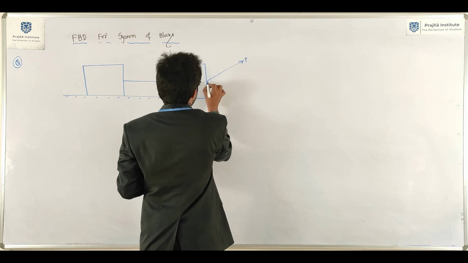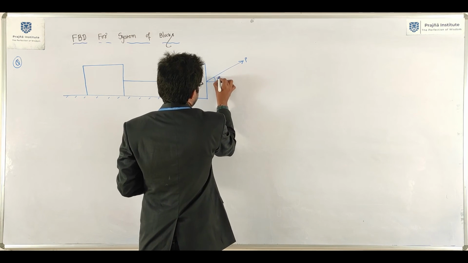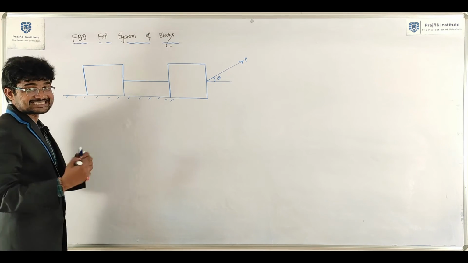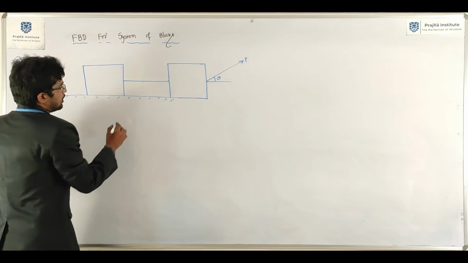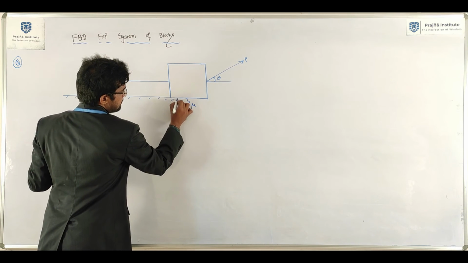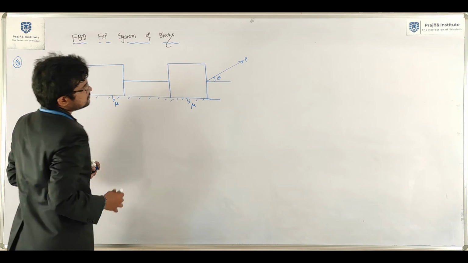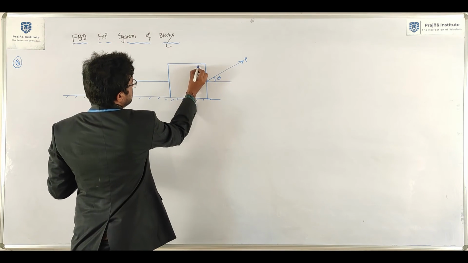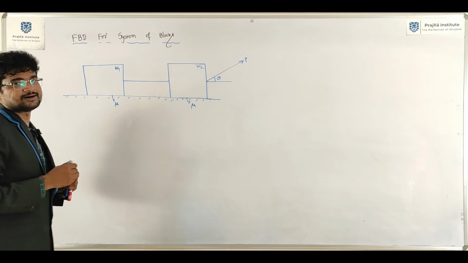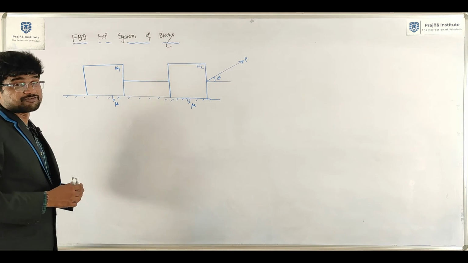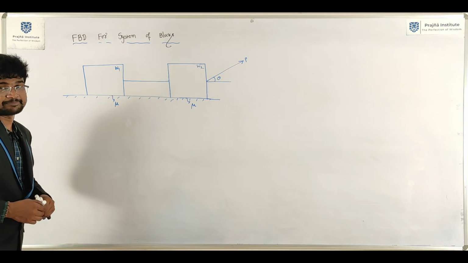It is P at angle theta. Okay, an inextensible string. Here mu, here also mu. W1, W2, two blocks. Now you need to draw the free body diagram for the two blocks separately.